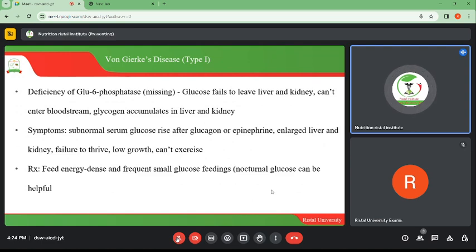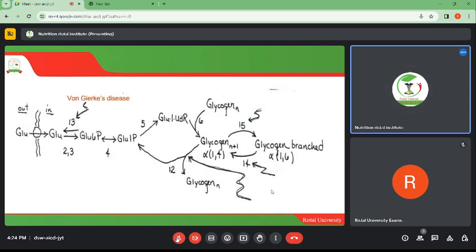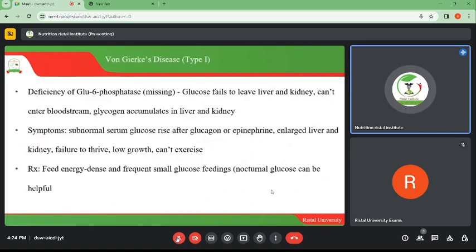If we remember during our glycogen degradation step, after glucose 6-phosphate, we need glucose 6-phosphatase to break it down into free glucose and release it into the blood. So in that case, we are just going to remain with our glucose 6-phosphate in the body. That alone can result in accumulation, also affecting the accumulation of glycogen and its storage.